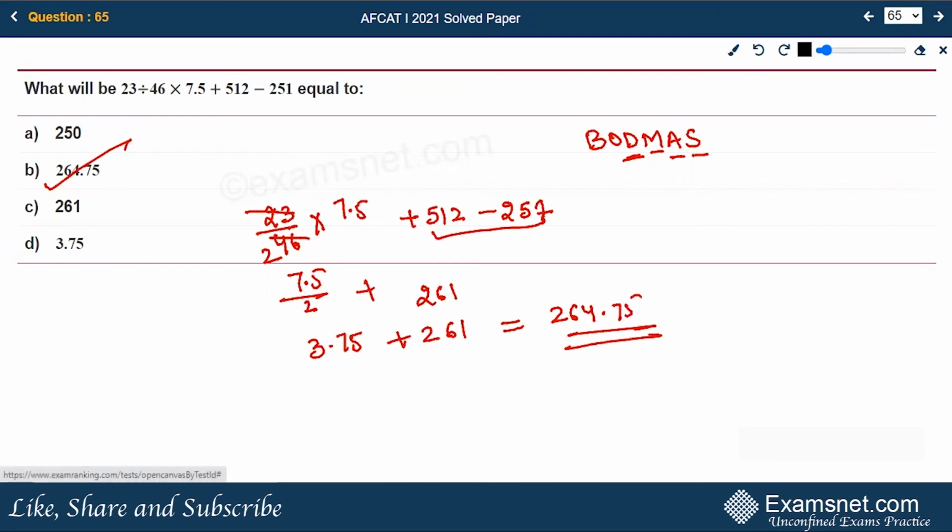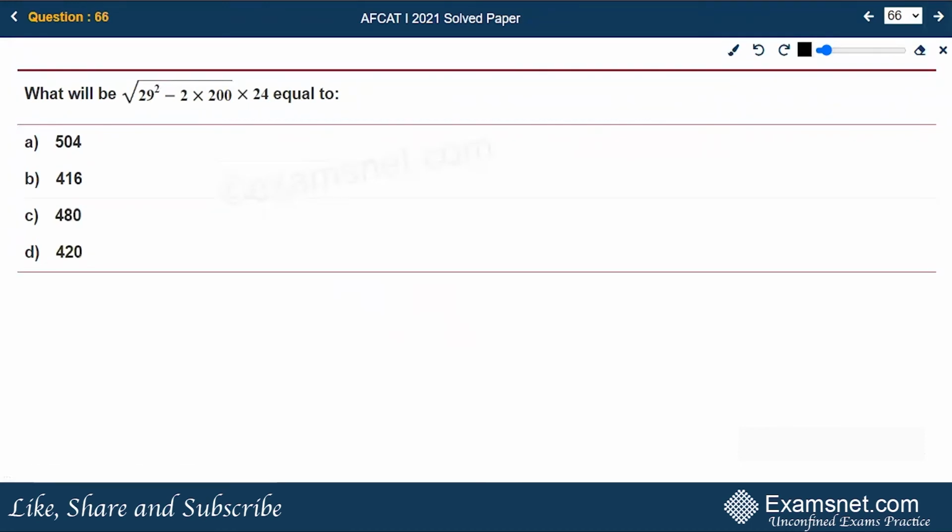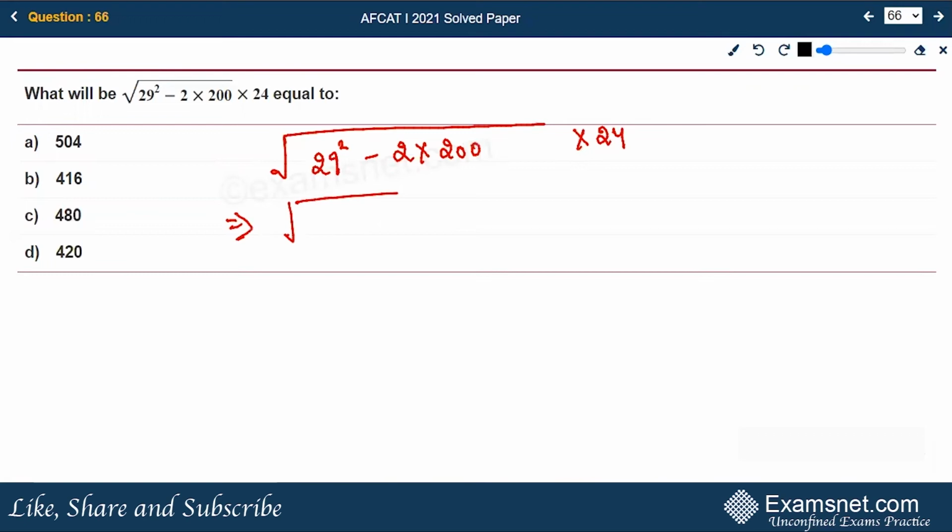Next, question number 66. What will be the value of this given expression? Let's write down the expression first. 29 square minus 2 into 20 multiplied by 24. 29 square is equal to 841 minus 400 multiplied by 24, which makes it 441 multiplied by 24.